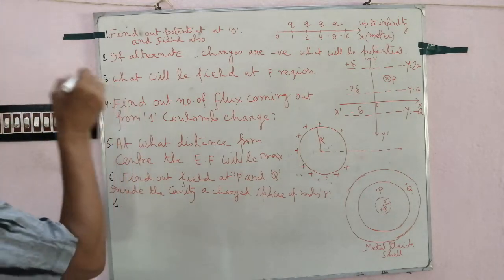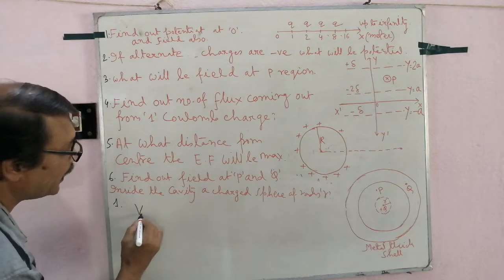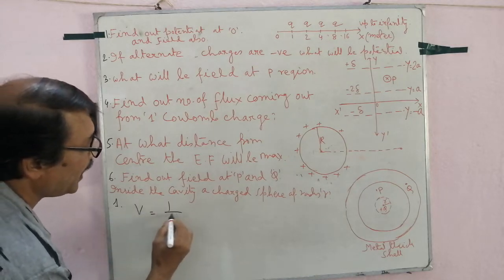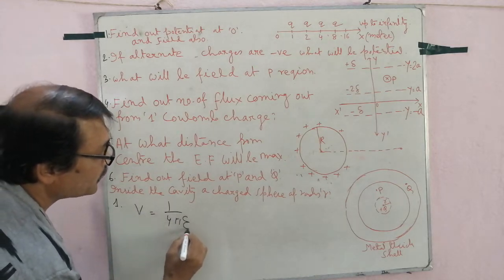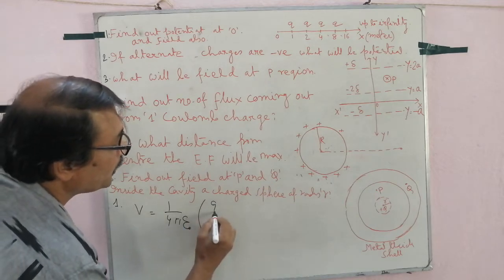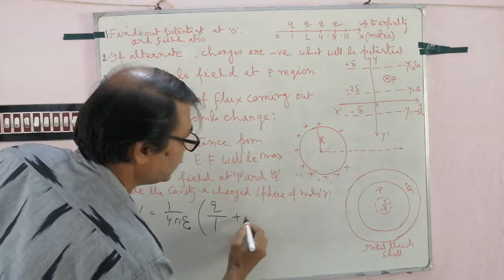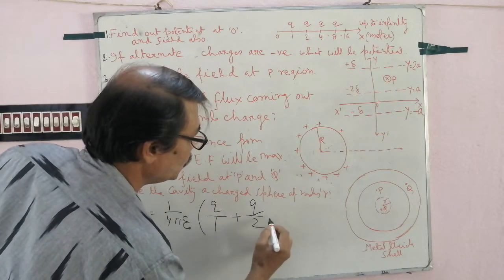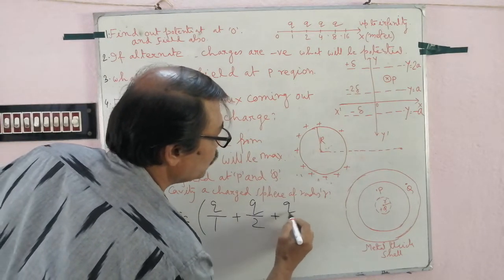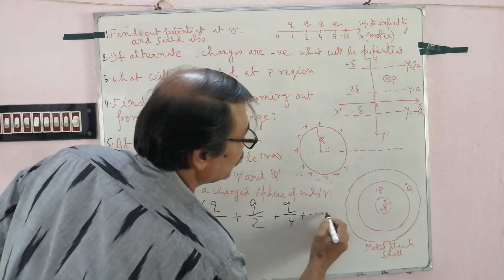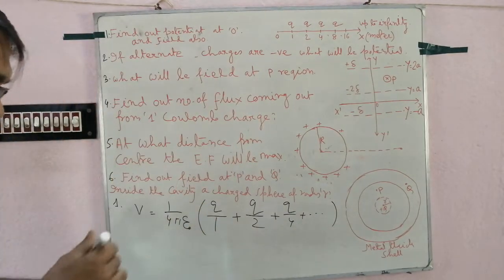Look, potential V equal to 1 by 4 pi epsilon naught, q by 1 plus q by 2 plus q by 4 plus dot dot dot infinity.